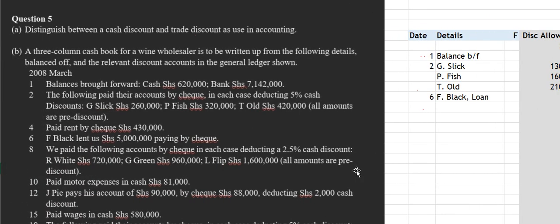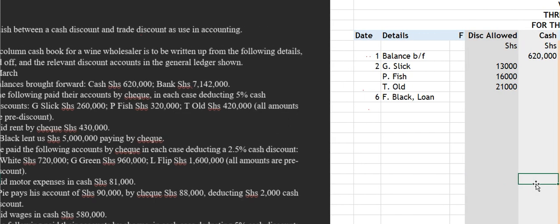we pay the following accounts by check, in each case deducting a 2.5% cash discount. All amounts are pre-discount. So here you're paying your suppliers, but they are offering a discount to you. That is a discount received. You have paid R White, Gig Green, and then L Flip. So your cash book is to be credited with these payments.